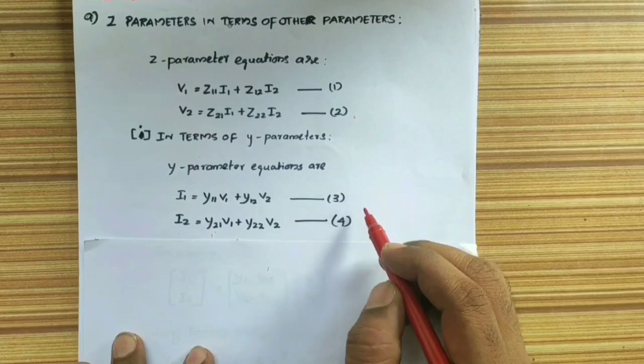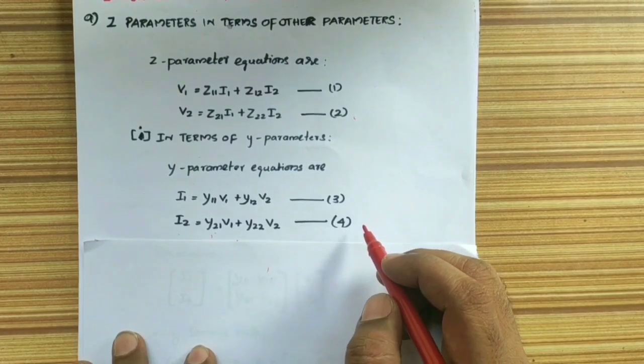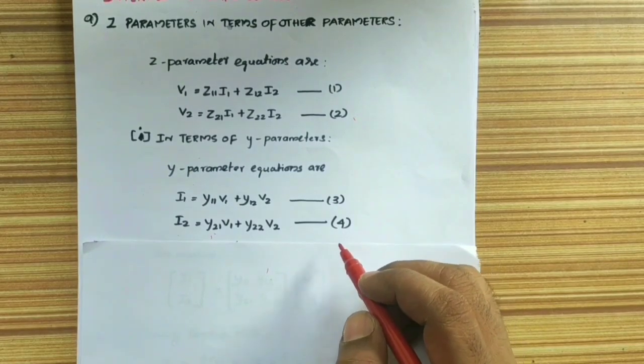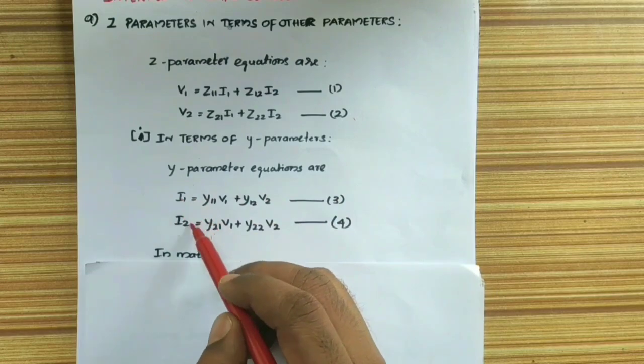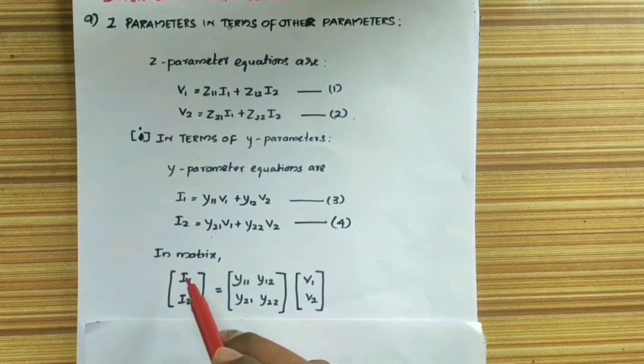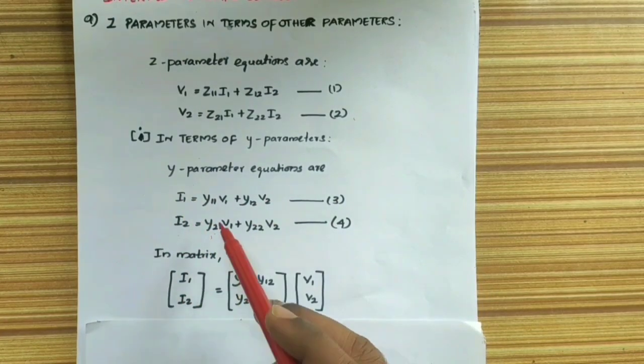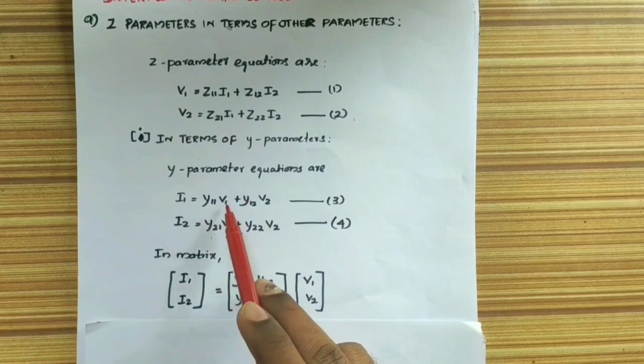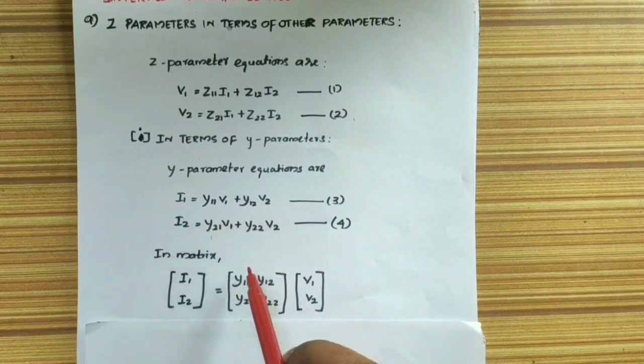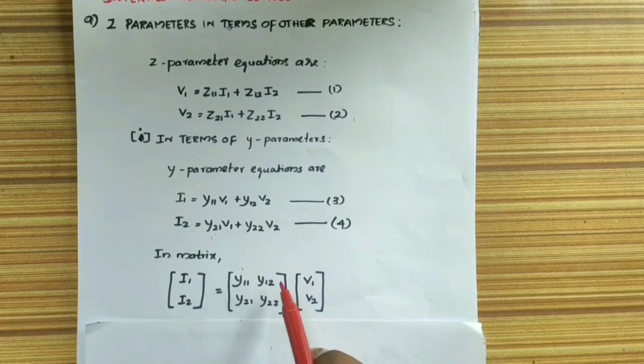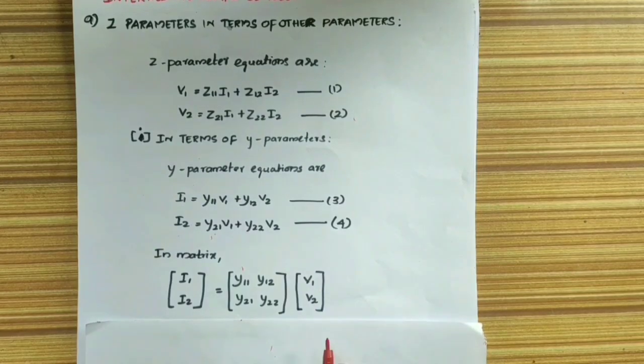Now, these two equations can be written in matrix form. On the left hand side I have I1 I2, equal to the right hand side, the coefficients of the variables V1 and V2, which are Y11 Y12 Y21 Y22, into V1 V2. Now this matrix can be solved using Cramer's rule.